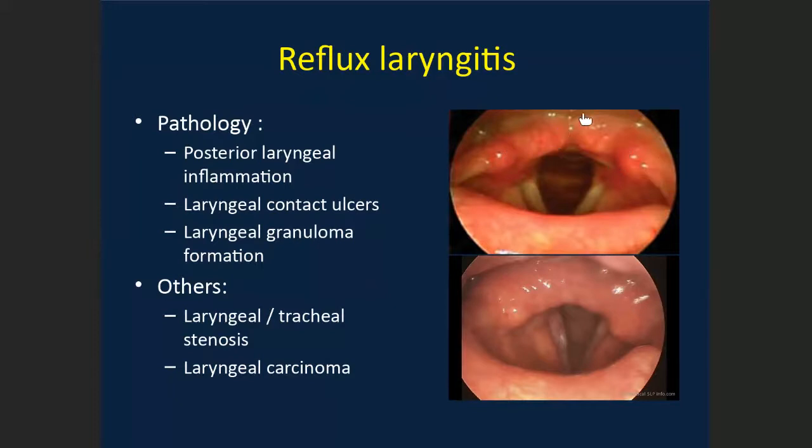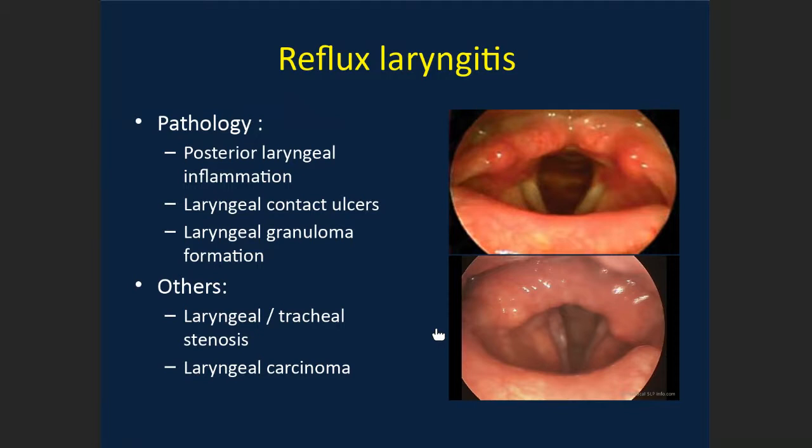Why? Because in the posterior we have the esophageal inlet, leading to laryngeal contact ulcer. It can lead to laryngeal granuloma formation. Also, granulation formation on the vocal process if it goes deep, because the larynx is more sensitive to the acid.